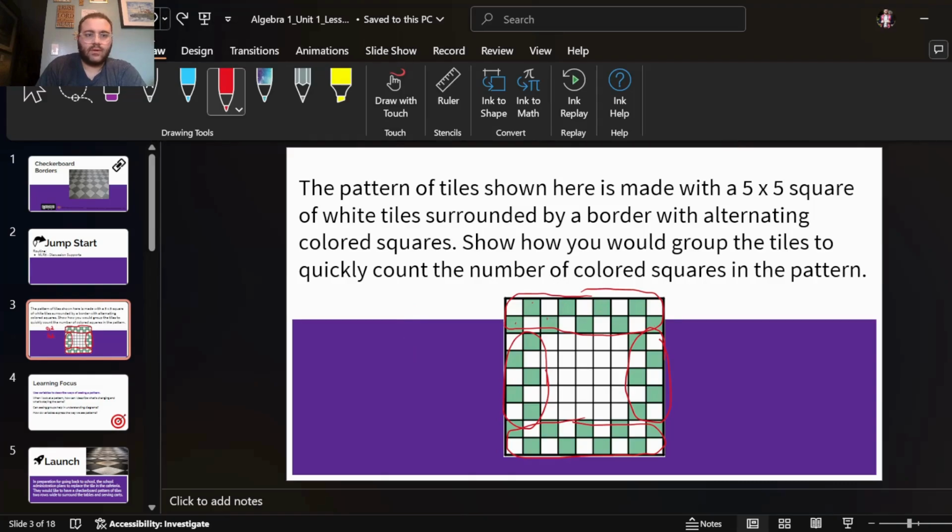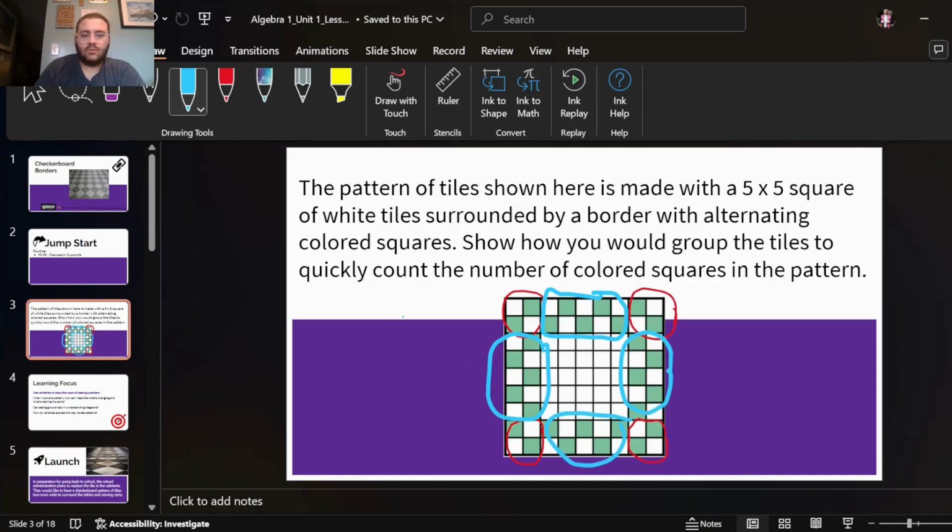Another category that students might fall under is this one here. They'll see, oh, the corners always have 2 green squares, and then they'll see these groups that are left over all have 5.